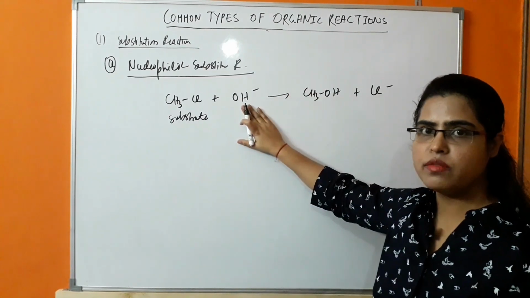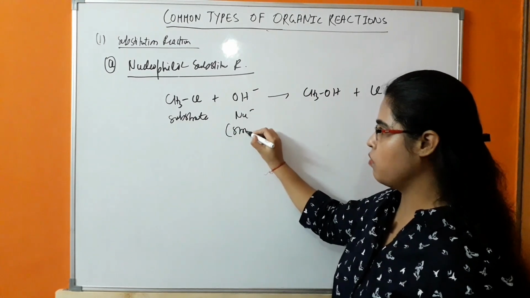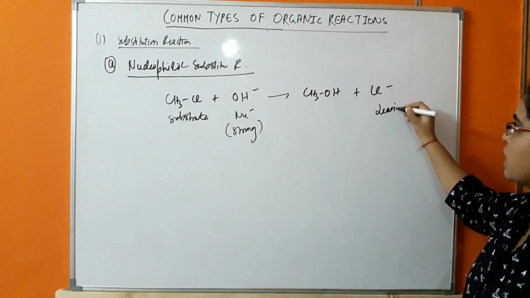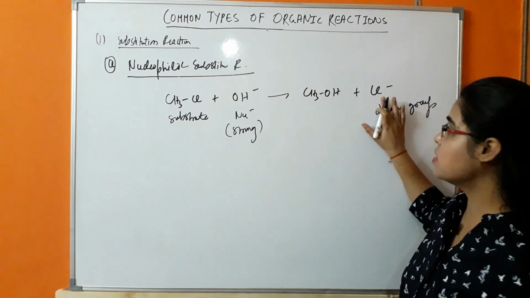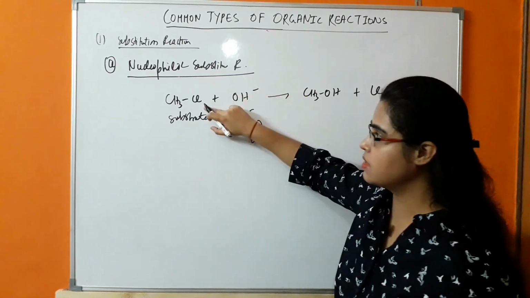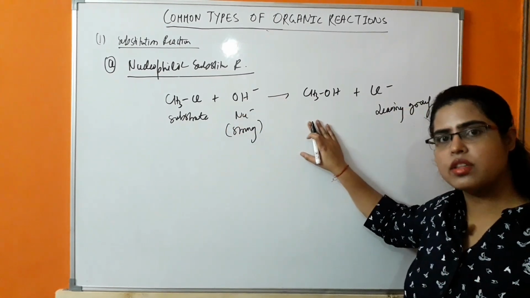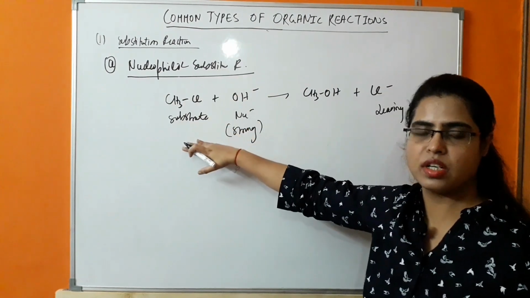This is the substituent, which is a strong nucleophile. This is referred to as the leaving group. And the strength of this nucleophile is greater than that of Cl minus. Because of that, this nucleophile is replacing chlorine. This depends upon the strength of the attacking nucleophile. Because of that, this substitution is occurring.